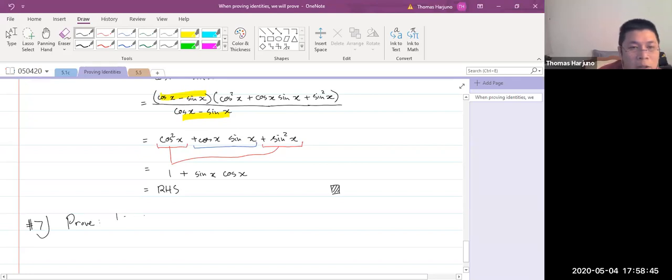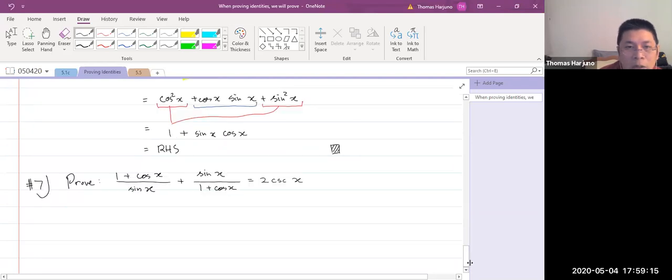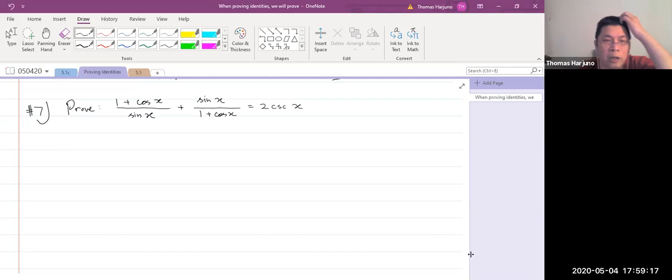Prove: 1 plus cosine x over sine x plus sine x over 1 plus cosine x equals 2 cosecant x. So it's not about the 3t, it's about what this expression, the identity, would be.